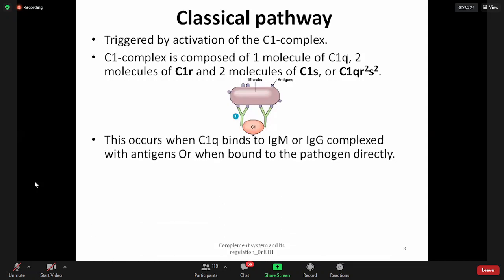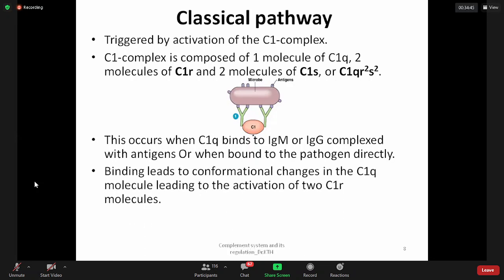Now, what happens is that in the presence of an antibody, C1q will bind to this antibody, either IgM or IgG. And once this binding occurs, then you have a change in this C1q molecule, which leads to activation of C1r.